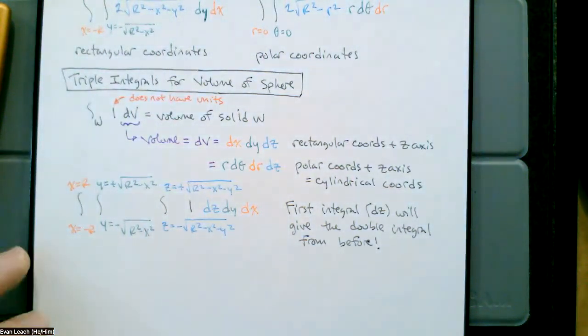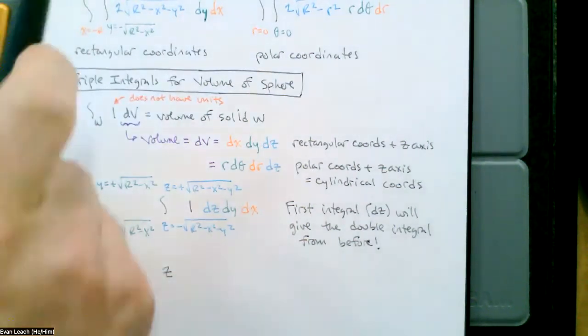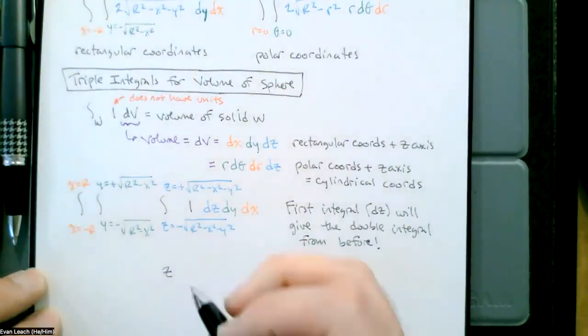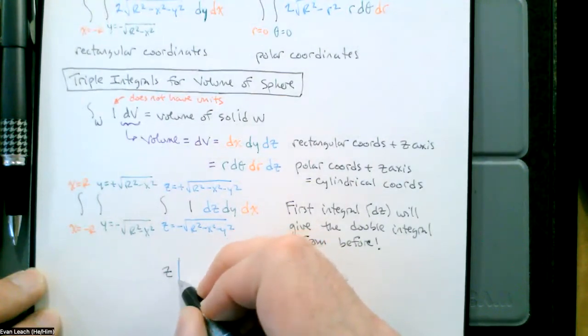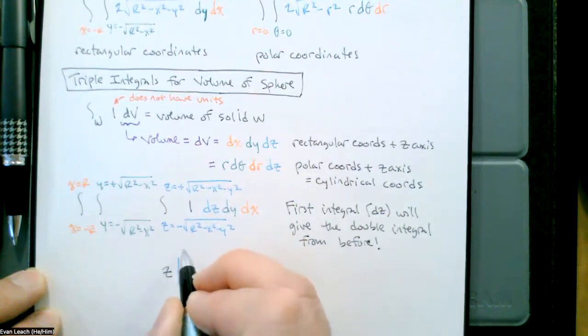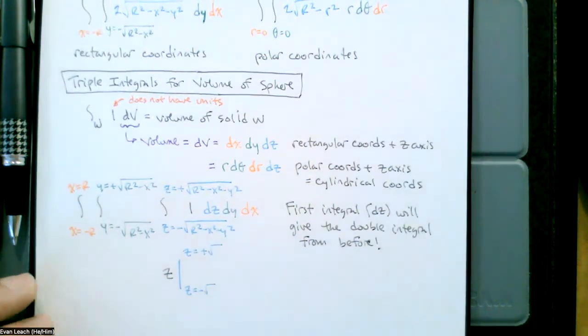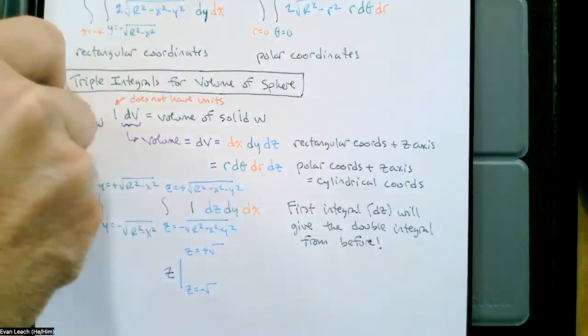The integral of 1 dz is z, and then we would evaluate from the negative square roots to the positive square roots. That means we'll take the positive square roots minus the negative square roots and end up with 2 of the square roots.